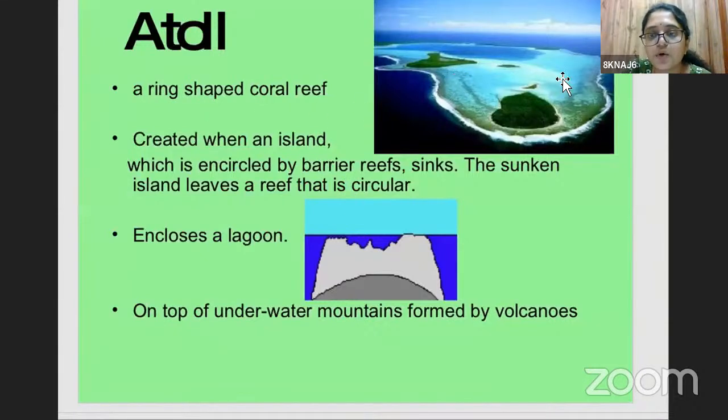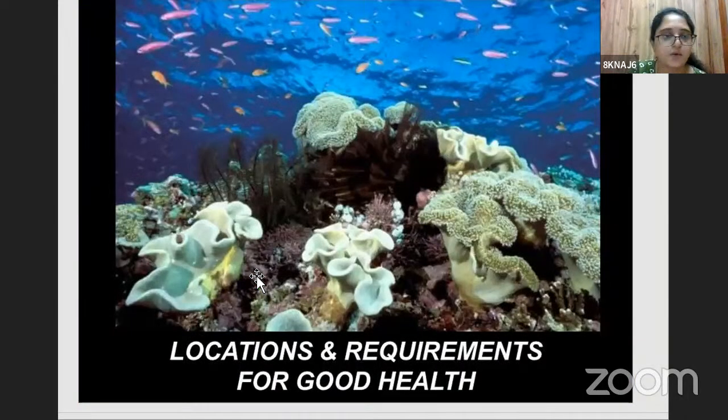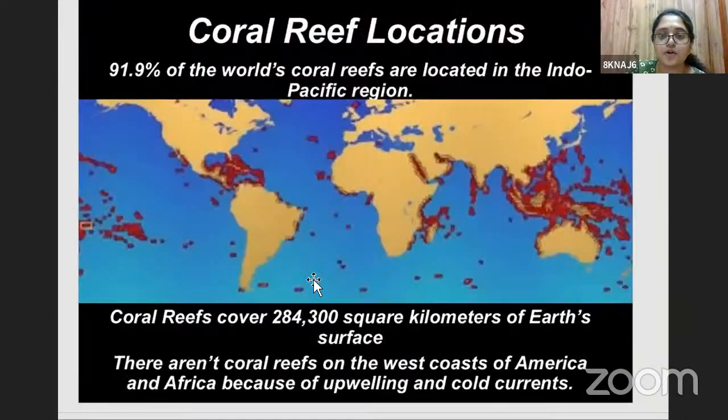So it's a ring-shaped coral reef. When an island is enclosed by these barrier reefs, then it gets sunken. So it is circular, and this encloses a lagoon, as you can see, on top of the underwater mountains formed by volcanoes. So these are the major types of coral reefs.